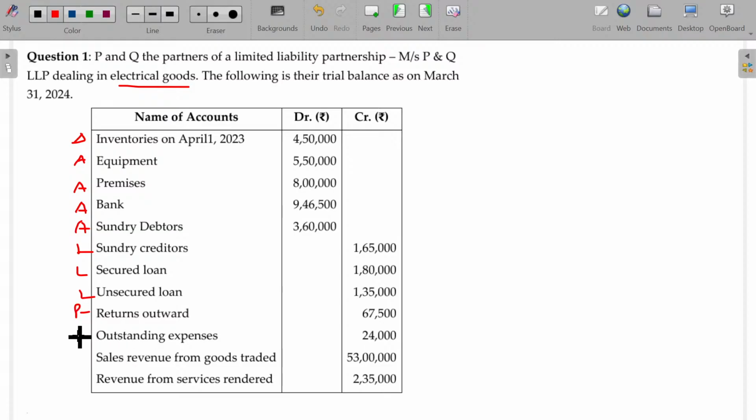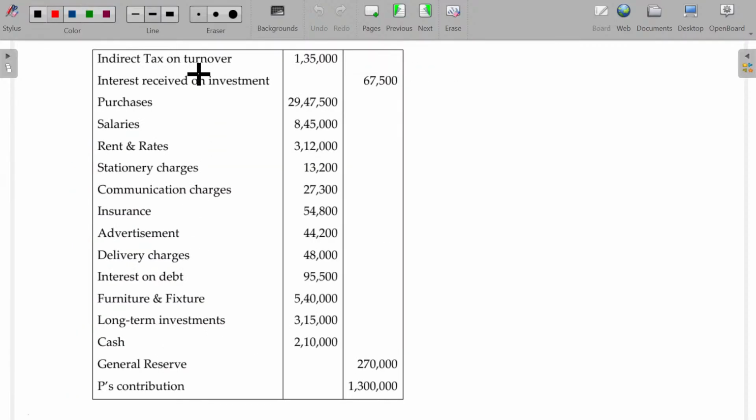Outstanding expenses, liabilities, sales revenue from goods traded, sales revenue from services rendered also given, and indirect tax on turnover subtracting from the sales. Indirect tax should always be removed from sales transaction value. Interest received on investment, other revenue.